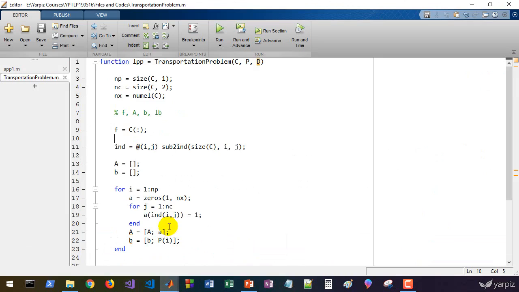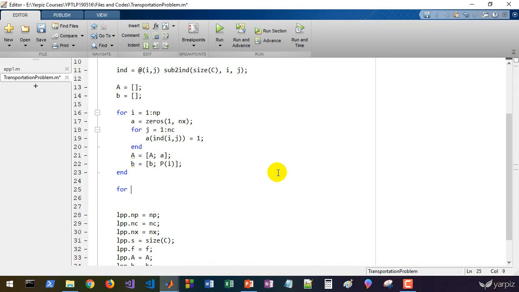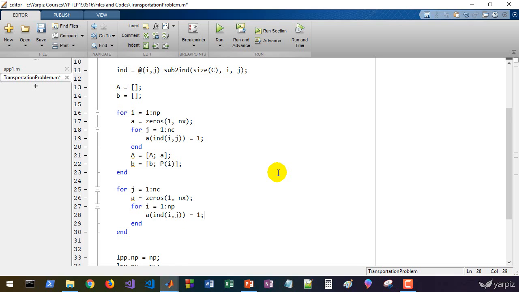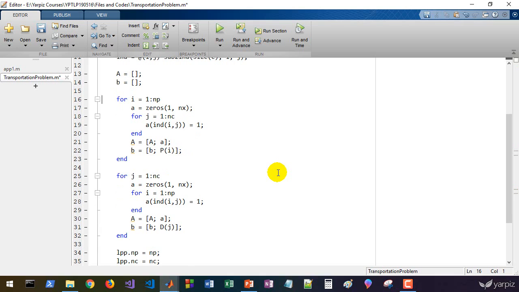So let's add other constraints to our code. This time we'll do this for every consumer, and let's create an empty row, and for every consumer, every provider, we must set to 1 the related indices, and now we will add the related row and the related demand level for this consumer.